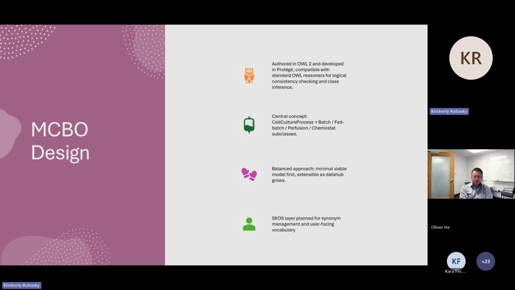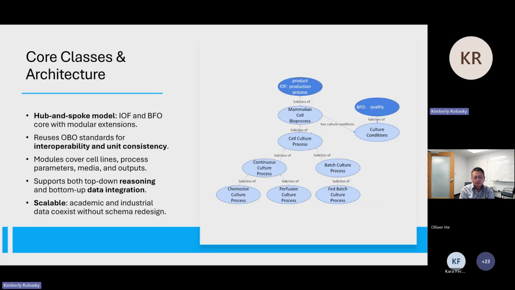So this is a deliberate restraint that keeps the ontology deployable in industrial settings where overmodeling it could deter adoption. So we're adding a SKOS layer to manage the synonyms and make the ontology vocabulary user-friendly for scientists and interfaces. And again, the goal is a practical first step towards FAIR data and machine-readable experimental annotation in this domain.